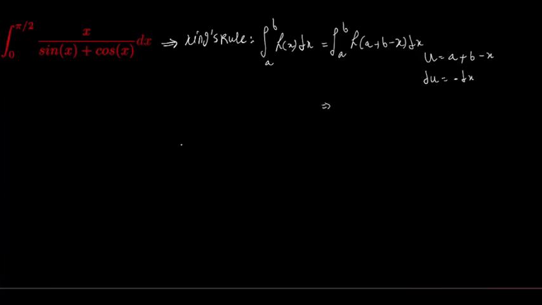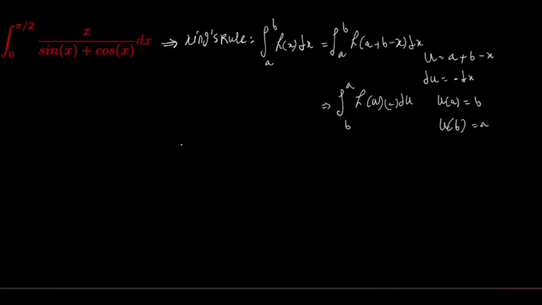So let's get u of a. When you substitute a here, a plus b minus a is b. So u of a is b, and u of b is going to be a. So that's the integral from b to a of f of u, and dx is minus du.